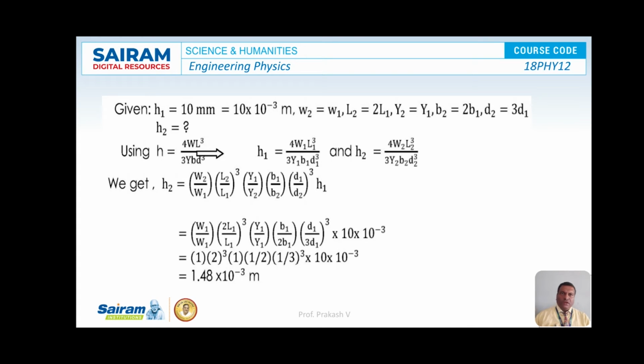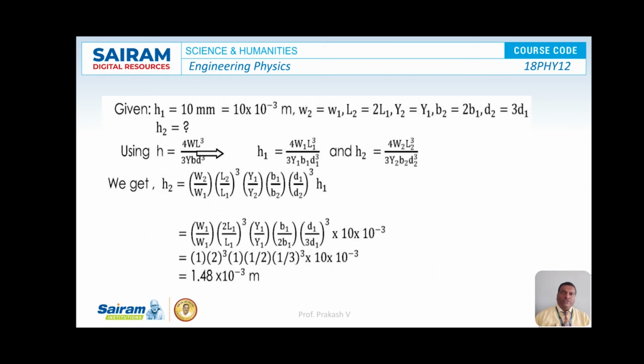Now after dividing h2 by h1, we are going to get this equation: h2 is equal to w2 by w1 into L2 by L1 whole cube into y1 by y2 into b1 by b2 into d1 by d2 whole cube into h1.